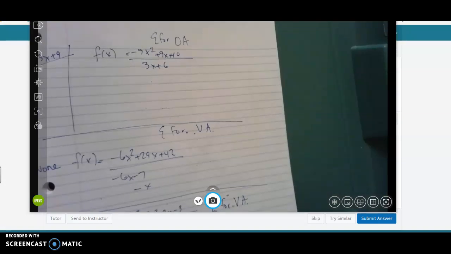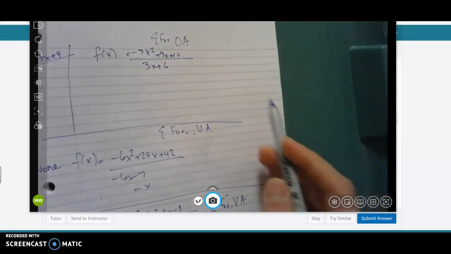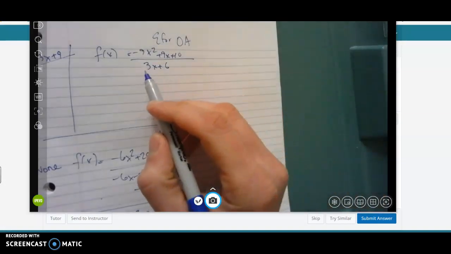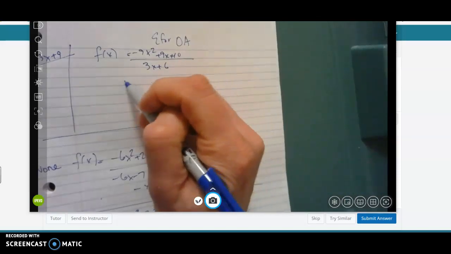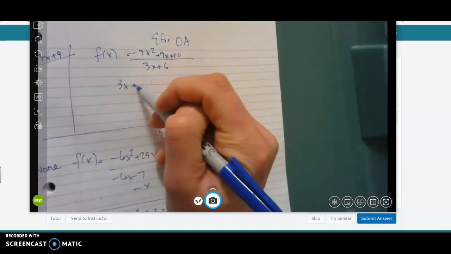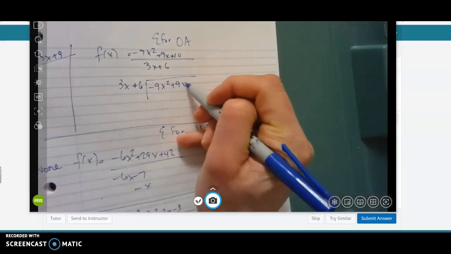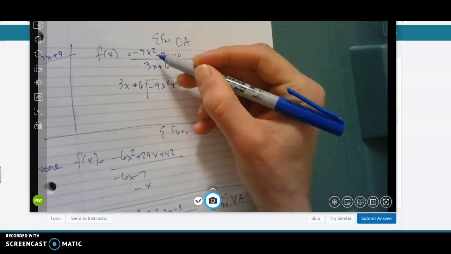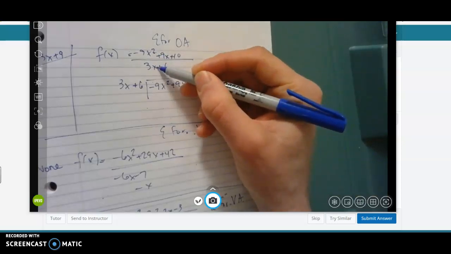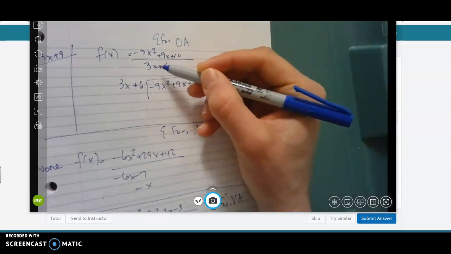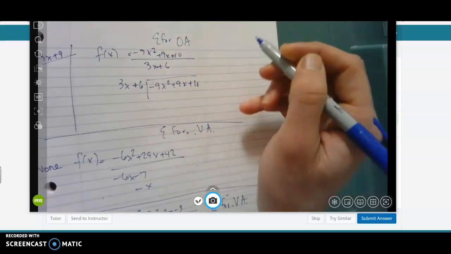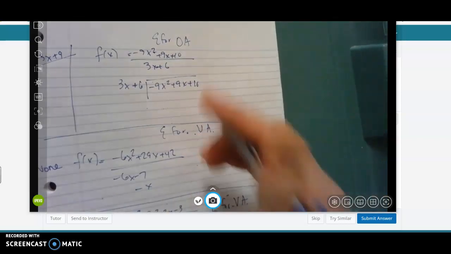Okay, in the next one, we're asked to find the equation of the oblique asymptote. So we want to divide this out. We have 3x plus 6 into negative 9x squared plus 9x plus 10. Now we know that the degree of the numerator is 1 more than the degree of the denominator. So that's why we're looking for an oblique asymptote.